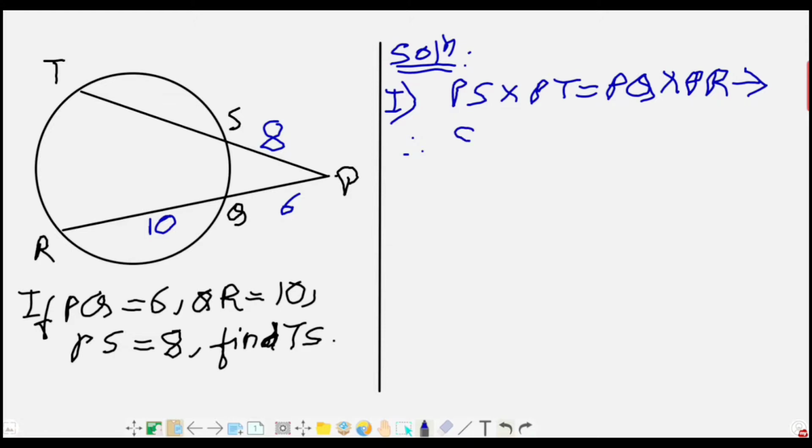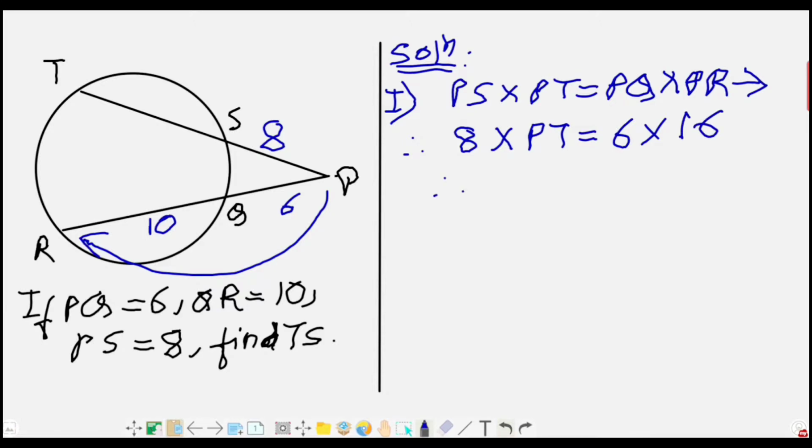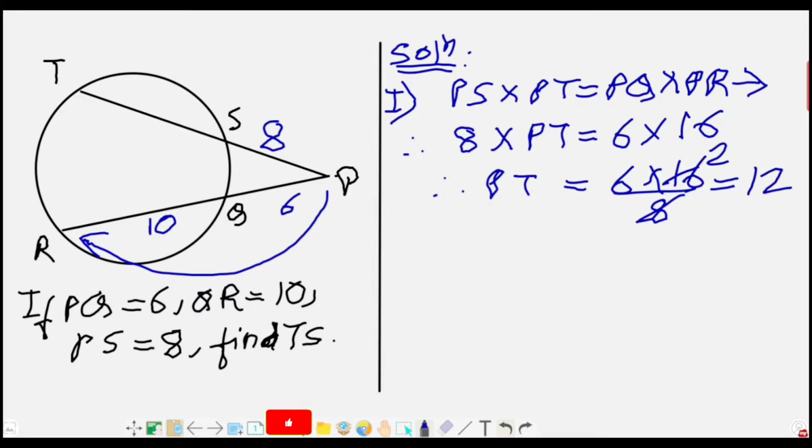After substituting values, 8 into PT is equal to PQ into PR, so 6 plus 10 is 16. So your PT will be 6 into 16 upon 8. 8 2s are 16, 2 6s are 12. So your PT is 12.